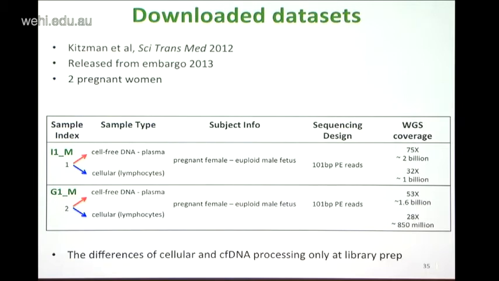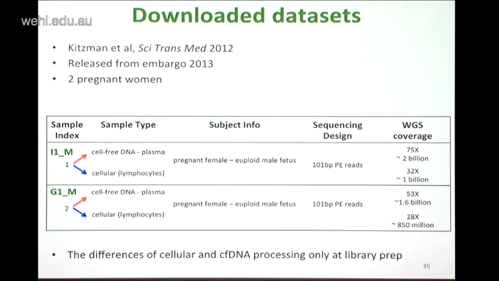And also, the data came at an extremely high coverage of 75-fold whole genome coverage, which amounts to about 2 billion reads for cell-free DNA in I1M, 1 billion reads for cellular DNA, and then a little over 1.5 billion for G1M cell-free, and 850 million for cellular DNA.